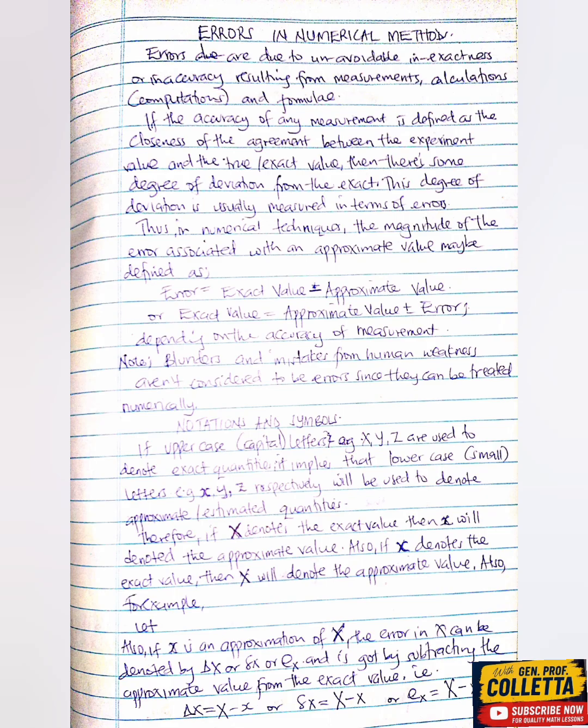So if you are to begin with the errors in numerical methods, let's persevere. They are saying that errors are due to unavoidable inexactness or inaccuracy.